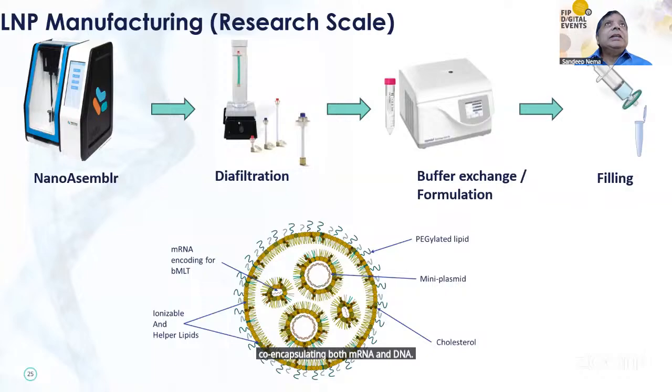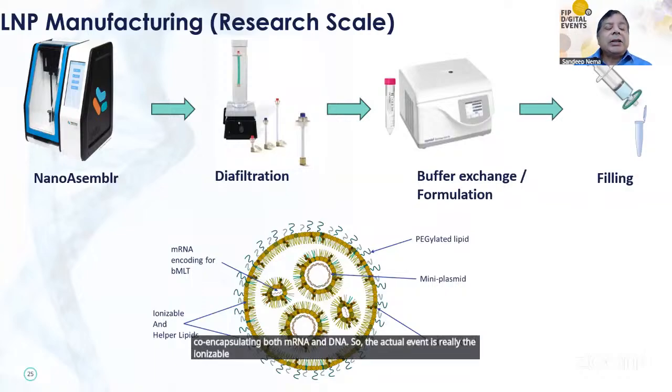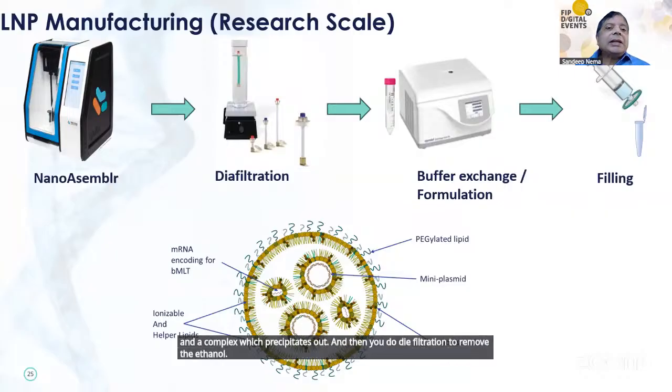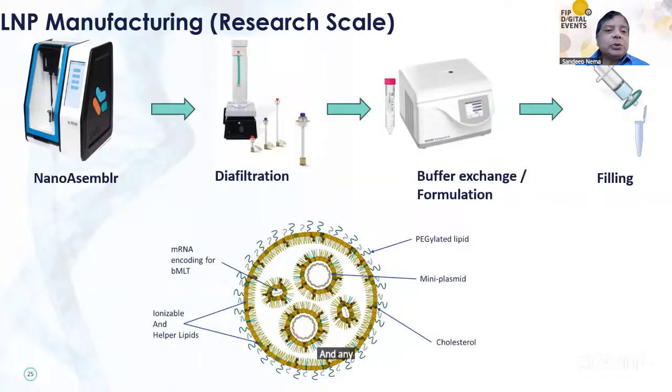So the actual event is really the ionizable lipid at low pH is positively charged, and the nucleic acid, as we know, are negatively charged. So they form an ionic complex which precipitates out, and then you do diafiltration to remove the ethanol and any unencapsulated nucleic acid.